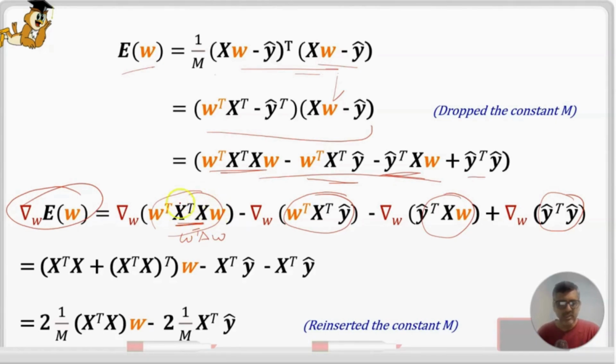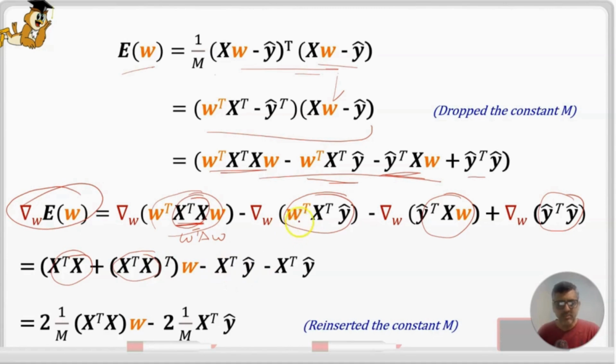So this fits into the requirements of our identity number 5, and therefore we have written it out as, you remember what this was, the gradient of this was A plus A transpose times w, right? So that's exactly what I have done here. And this being A plus A transpose is x transpose x plus x transpose x, transpose, w.